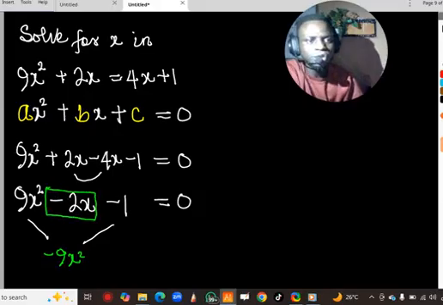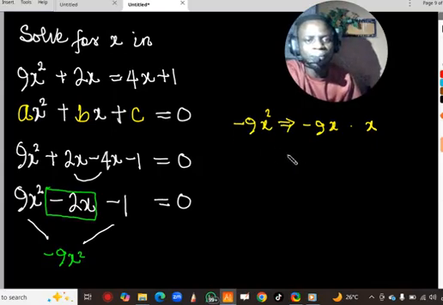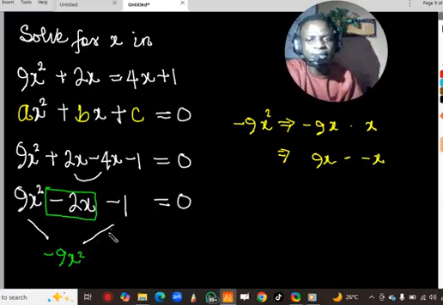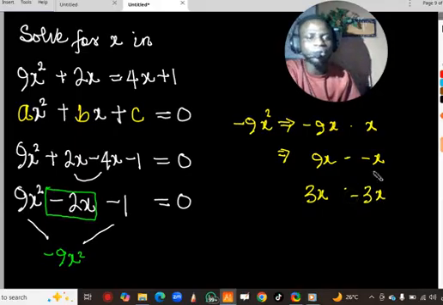Now minus 9x squared can be obtained from minus 9x multiplied by x. We can as well get this from 9x multiplied by negative x. We can as well have this by 3x multiplied by minus 3x, or vice versa.